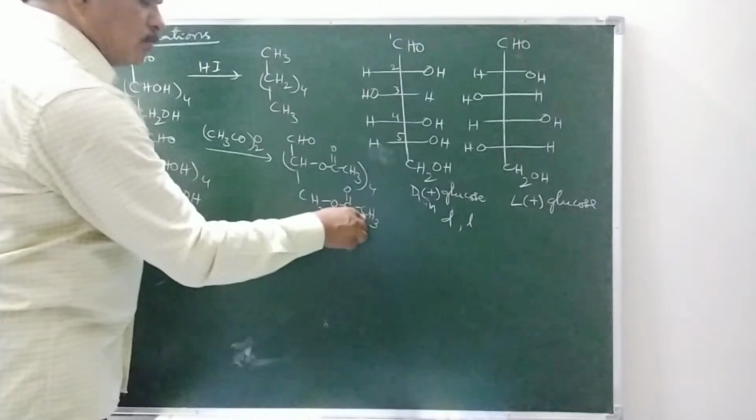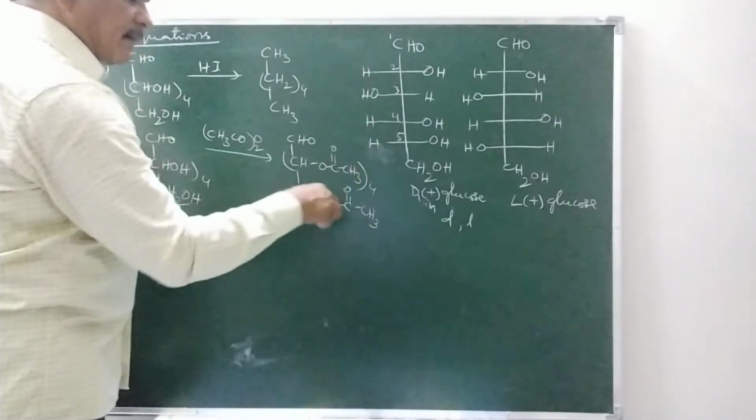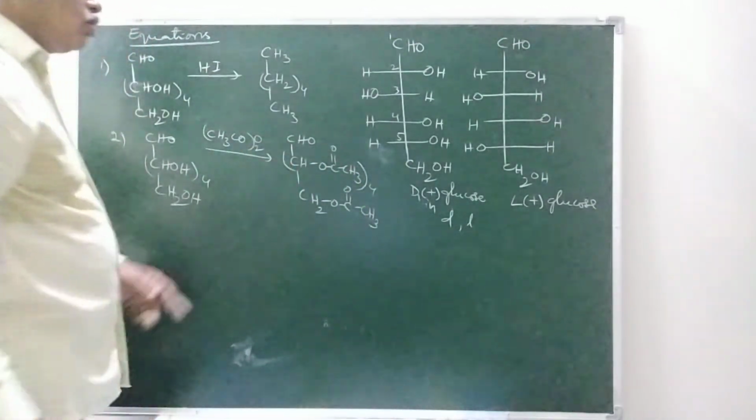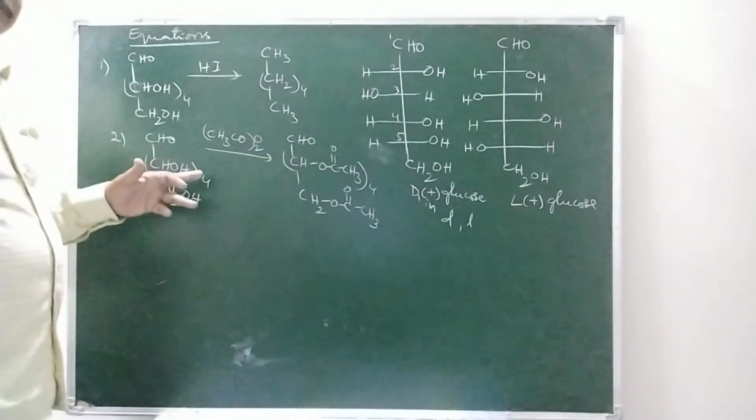This is the acetate group. There are 4 plus 1, 5 groups present. So this is glucose pentaacetate.